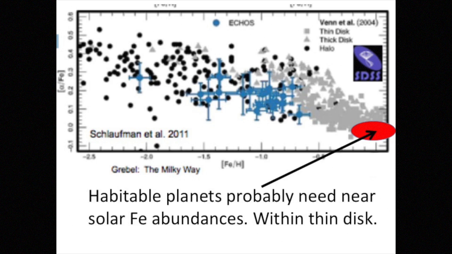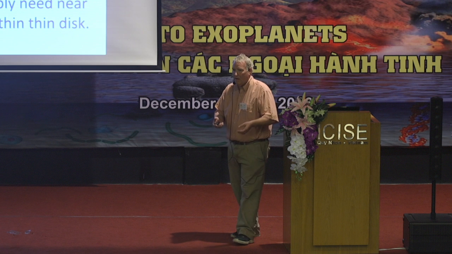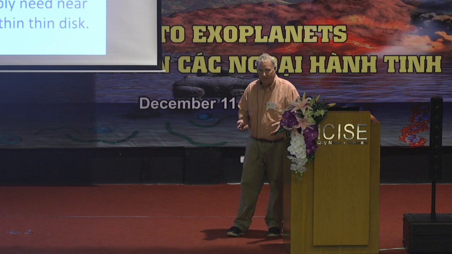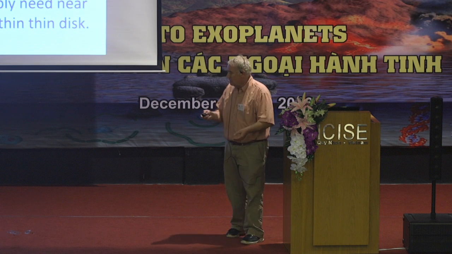So first of all, we'll look back at the picture here showing the iron abundance, and we need to be in the thin disk in order to be considered to have the proper elements and be able to form the cores, and the radioactive elements are also quite critical, as was mentioned.